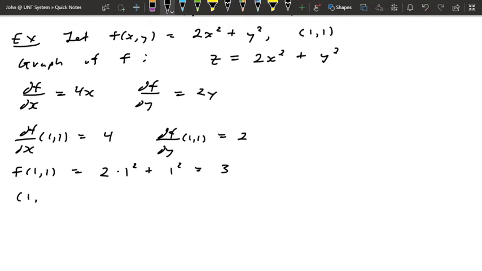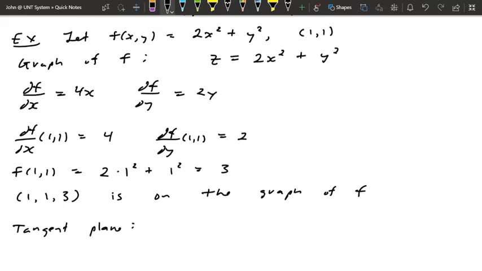Okay, so the point on the graph of f that we're interested in is (1, 1, 3). So therefore the tangent plane, using the equation above, the plane which is tangent to the graph of f at the point (1, 1, 3), is z minus 3 equals del f del x, which is 4, times x minus 1, plus del f del y, which is 2, times y minus 1.